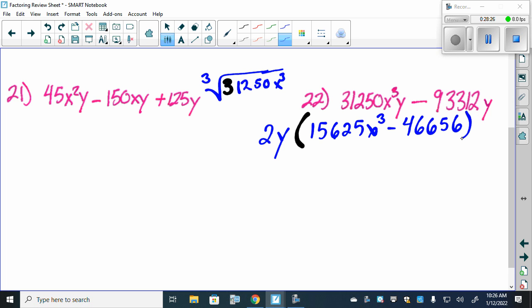Now these both here are not divisible by 2 because one of them ends in a 5. They're not divisible by 3 either, but let's go on and try to take the cubed root of these numbers here.